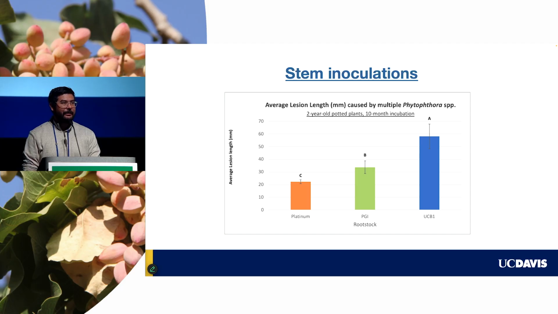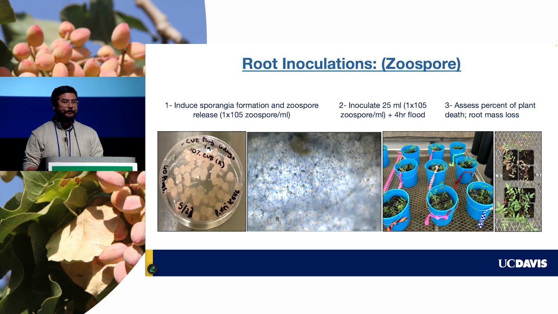What this graph showcases here is that UCB1 overall would have these larger lesion lengths with respect to PG1 rootstocks and Platinum clonal rootstocks. And so this began our hypothesis that Platinum rootstocks are more tolerant to Phytophthora crown and root rot infections compared to these other 2 rootstocks.